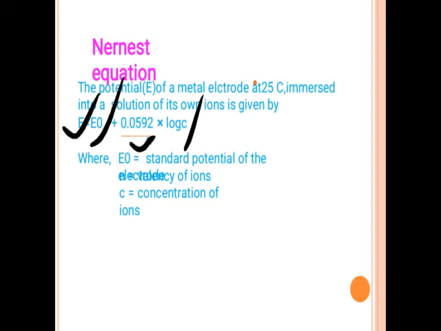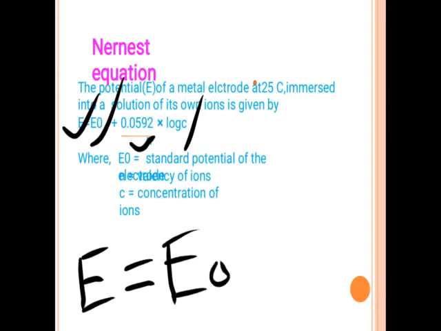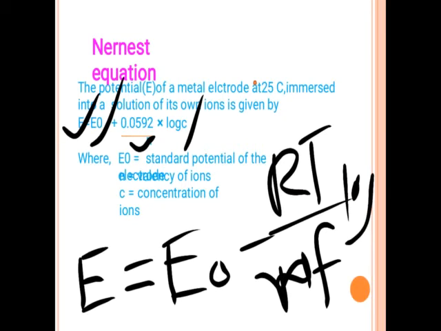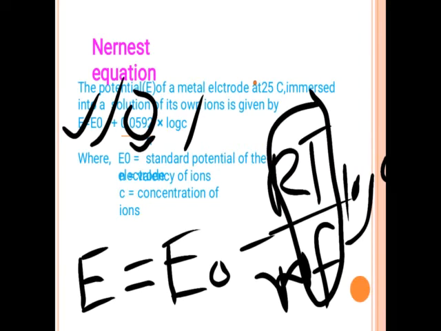Generally this equation is derived from the Nernst equation, as you know: E is equal to E0 minus RT divided by nF into log of C. The value 0.0592 comes from RT divided by F, where R is the universal gas constant, T is the temperature in Kelvin, and F is the Faraday constant.